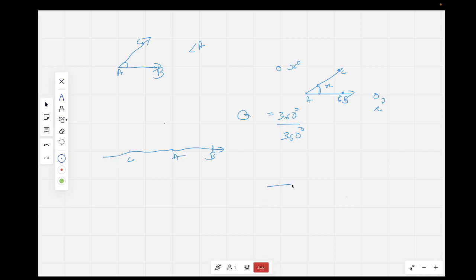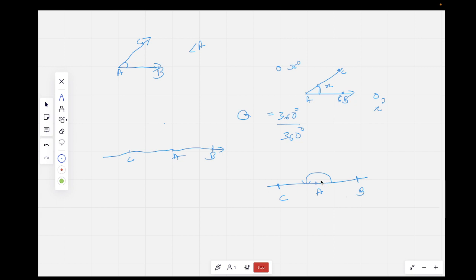Let me redraw it with a straight line. So this is point A, point B. This is the same straight line, but C is lying to the left of A, like it has taken a half round and reached here. So it is like half of the angle extended by A.